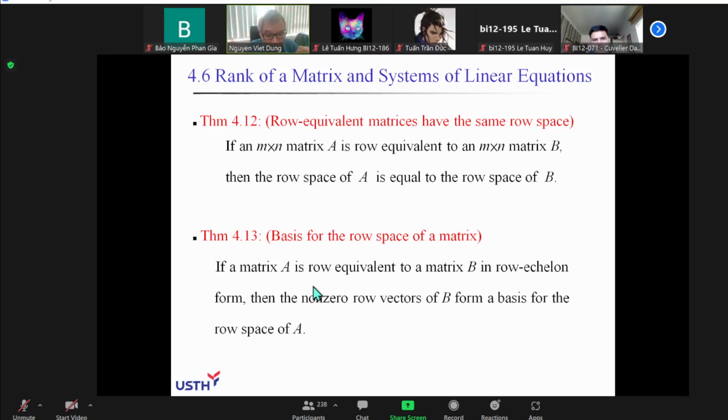So with that, now, if you are required to find the basis for the row space of a matrix A, the canonical way is this: first you apply elementary row operations to transform A into a matrix B in row echelon form.